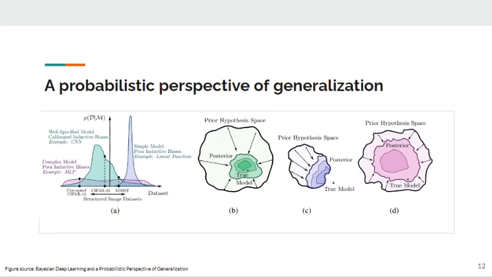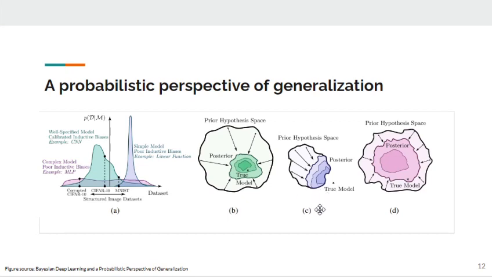Here, the CNN is preferred over the linear model and the fully connected MLP for CIFAR 10. Section B shows that by representing a large hypothesis space, a model can contract around a true solution, which in the real world is often very sophisticated.